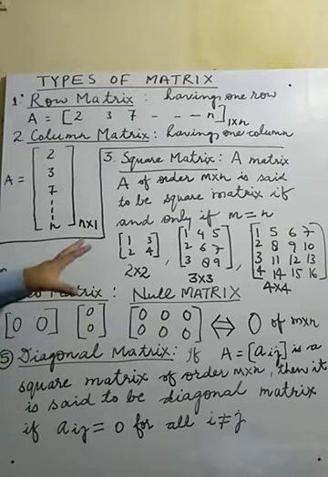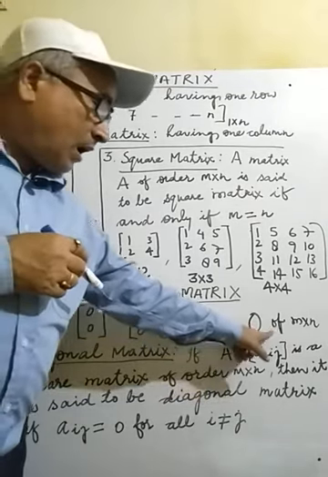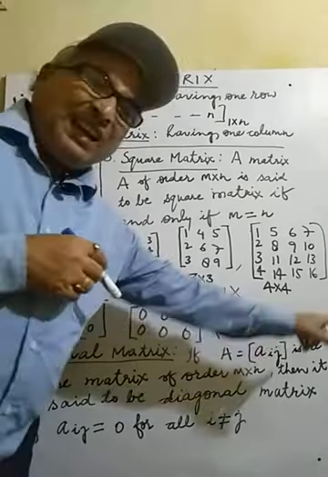Even if you close your eyes, you can say that this one is a zero matrix, because each element of this matrix is 0. So this one is denoted by 0 of m by n order. It is a symbolic representation. It may be of any order, but all the elements of this matrix will be 0.